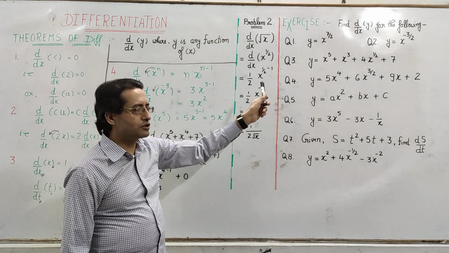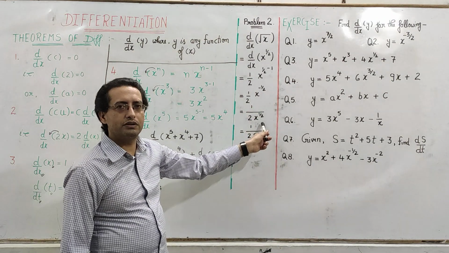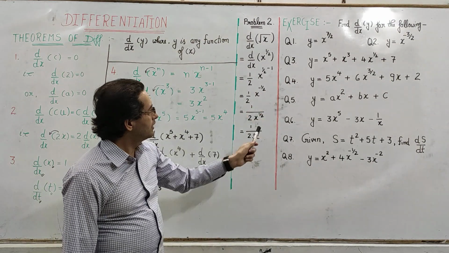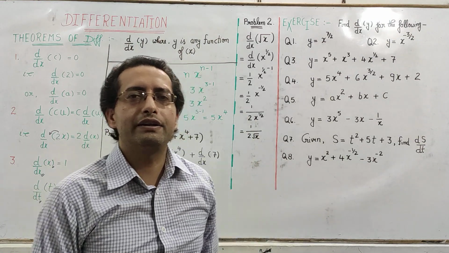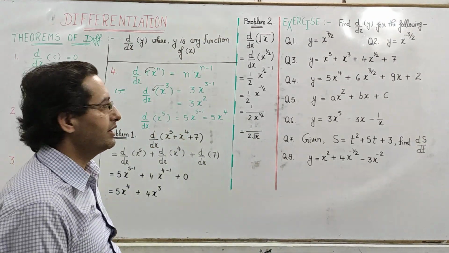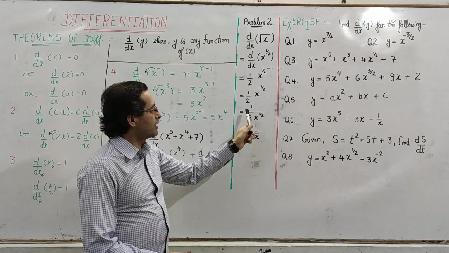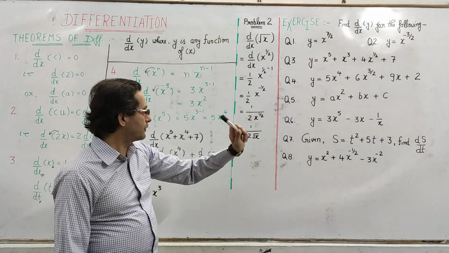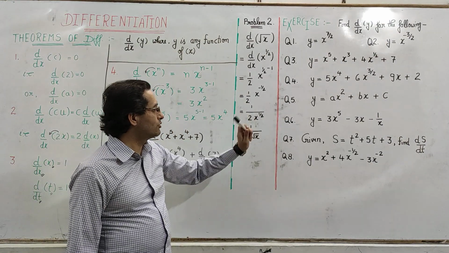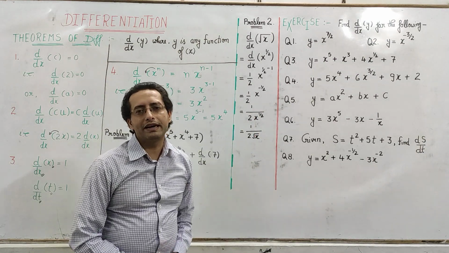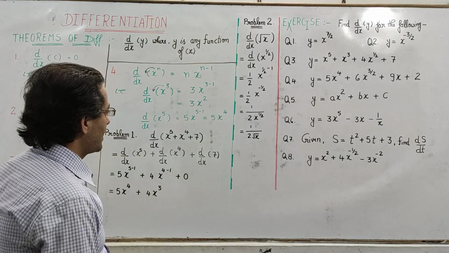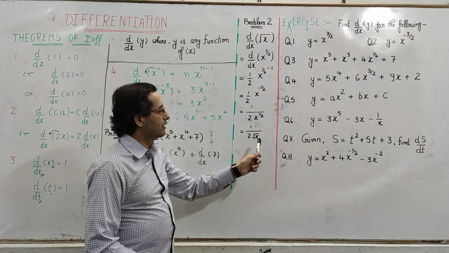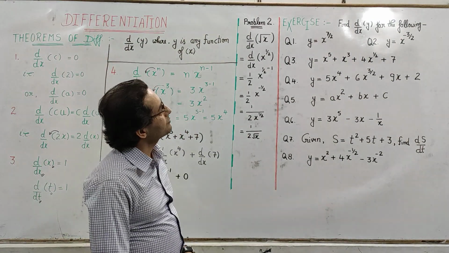When the term is transferred to the denominator, the power will change and become positive here. So it is 1 upon 2 x power 1 by 2, and x power 1 by 2 can again be written in the form of a root. So the answer becomes 1 upon 2 under root x.